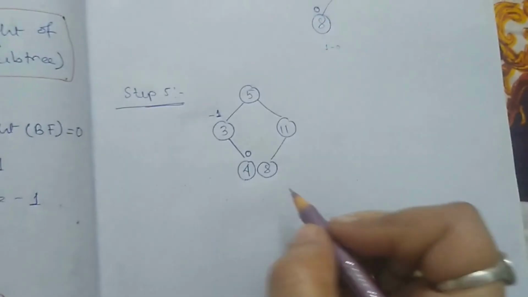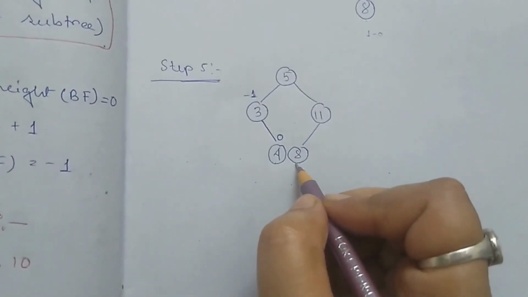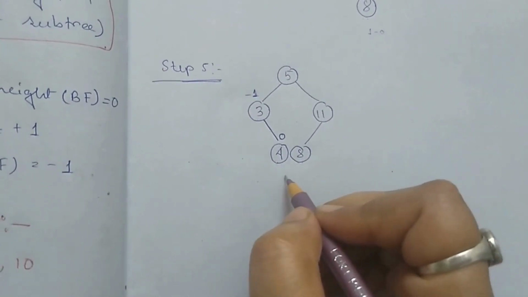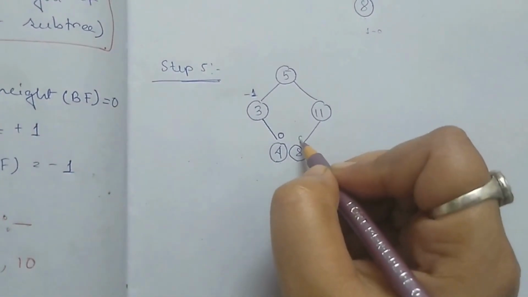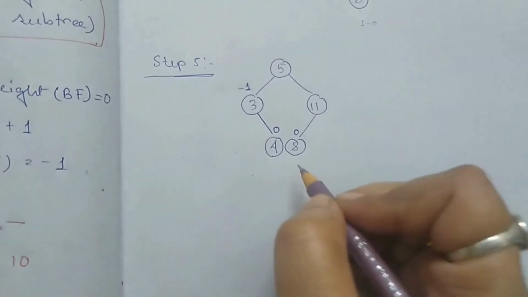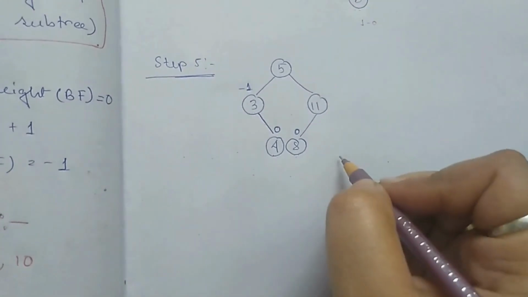Okay. Now when we consider the 8 node, in that case there is no left subtree as well as no right subtree. For that reason 0 minus 0, the height of 8 is 0. Again we consider the 11 node, that is one left subtree is situated here. There is no right subtree.